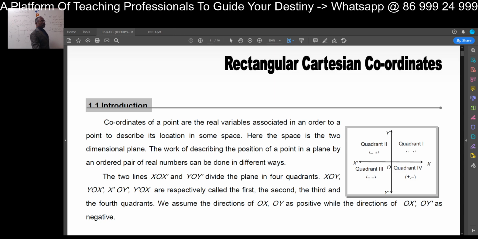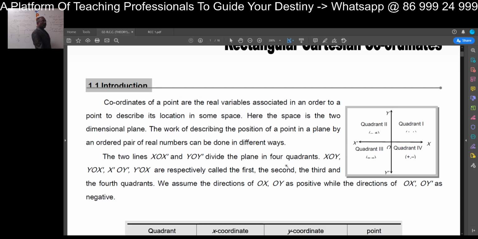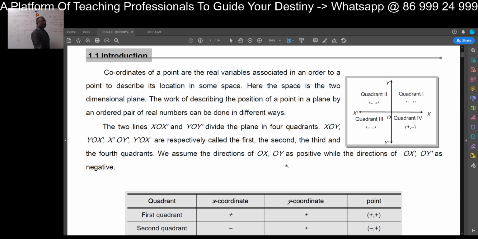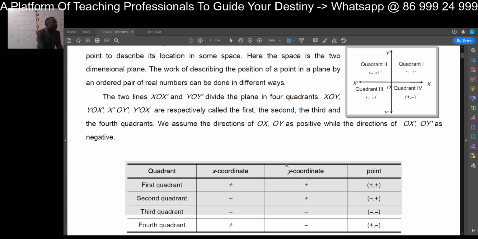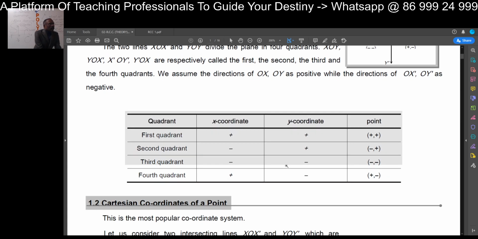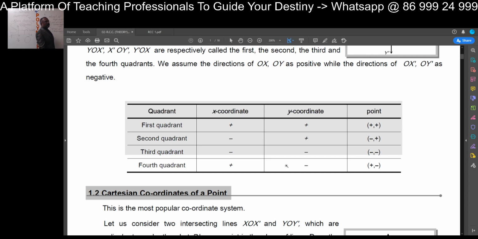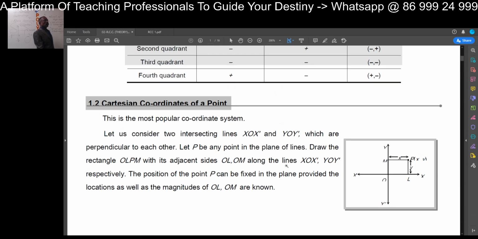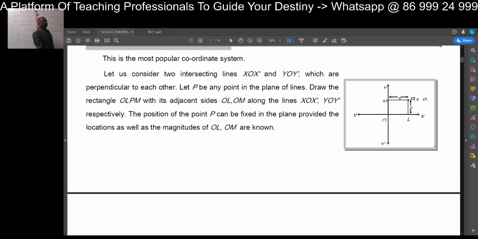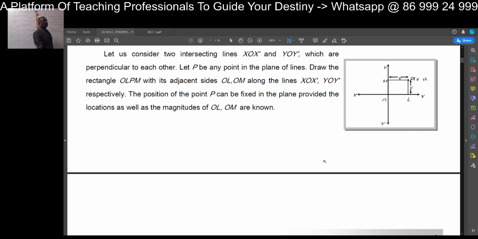Just adjust with that. Now, what I'm saying here in this one, whatever explanation I gave you is very much given here. The plane is divided into 4 equal parts, which are known as quadrants. Everyone knows that. And the point also I have explained how it is given.